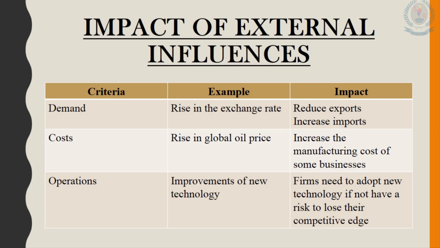Look at this table. In this table, I have included 3 columns. Under the first column, I have shown some criteria: demand, cost, and operation. And I have given some examples as well, and I will explain the impact of those examples for the business activities.